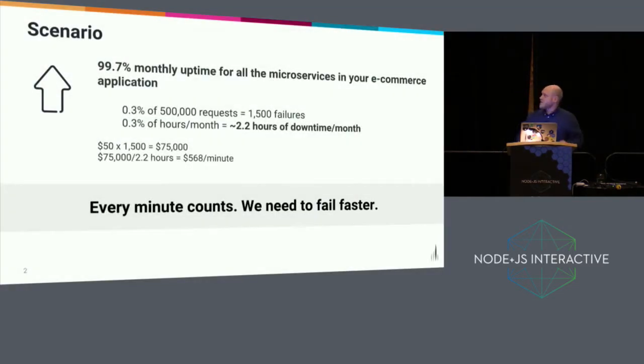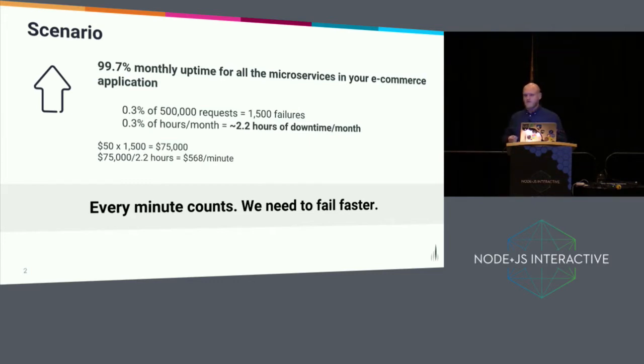So I want to start off quickly with just a rough scenario. Borrowing an example from the Hystrix library's documentation, let's say you have a 99.7% monthly uptime for your microservices applications in your e-commerce site. That means that your application will fail roughly 0.3% of the time.